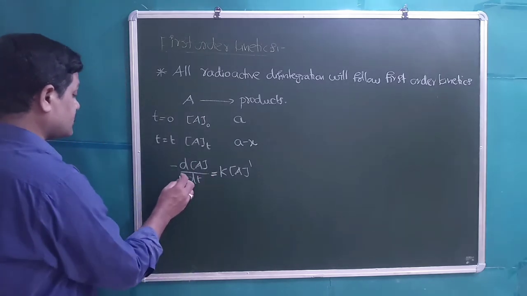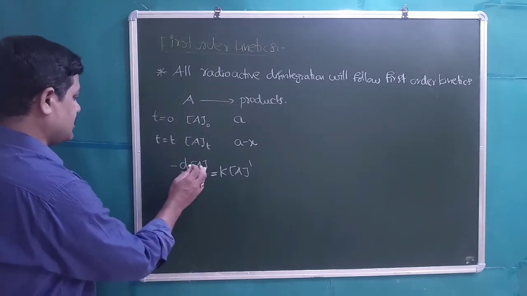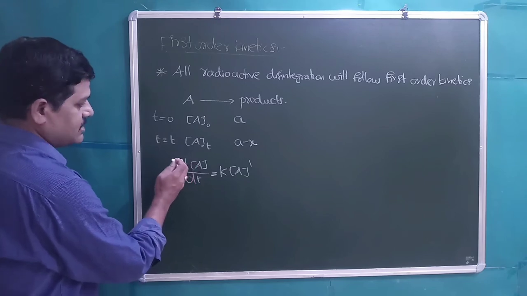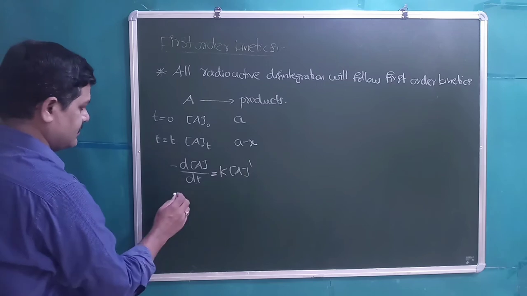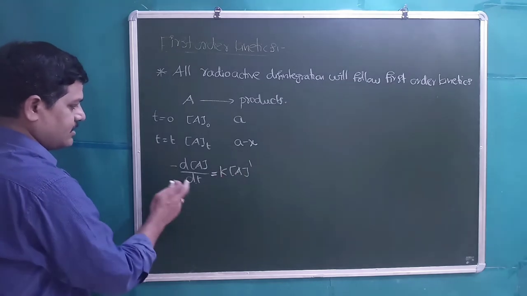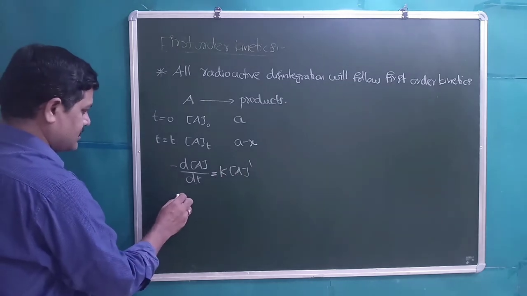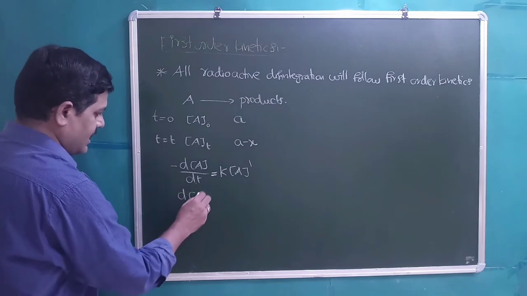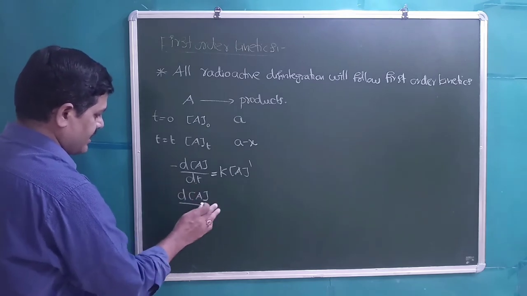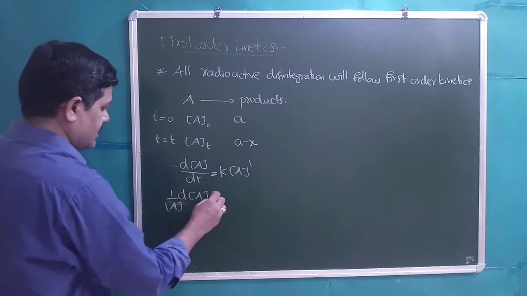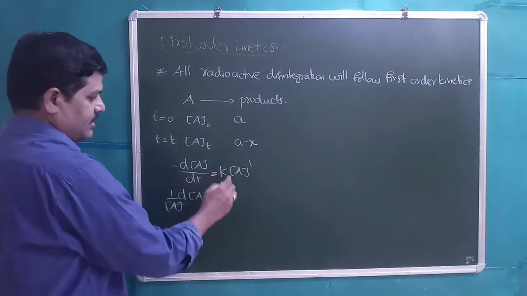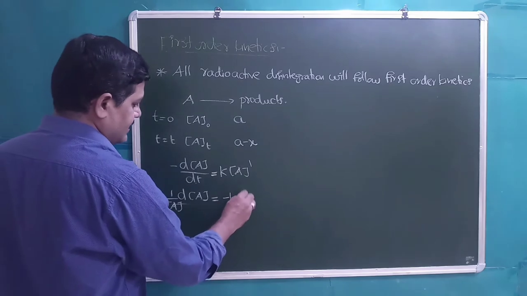So let us write A terms one side and t terms the other side. Transfer this A to this side, then it becomes 1 by A dA is equal to minus K dt.